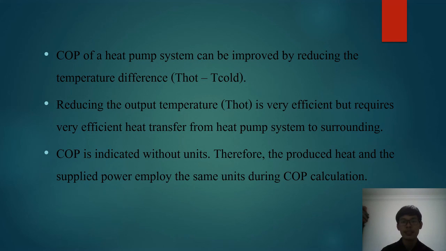As can be seen, the COP of a heat pump system can be improved by reducing the temperature difference, T hot minus T cold. Therefore, reducing the output temperature T hot is very efficient, but requires very efficient heat transfer from the heat pump system to the surroundings.